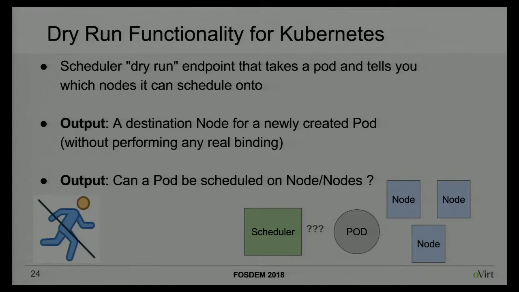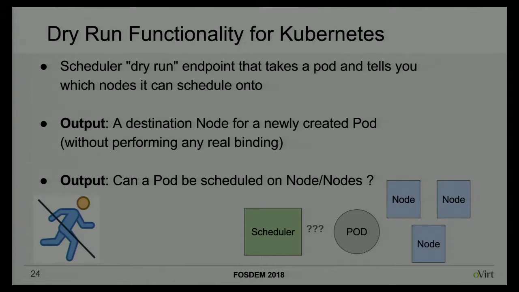So for that matter, we want to have the ability of scheduling simulation. Scheduling simulation, or dry run functionality, doesn't exist yet in Kubernetes. It's an open issue. We are also working to contribute on that matter.